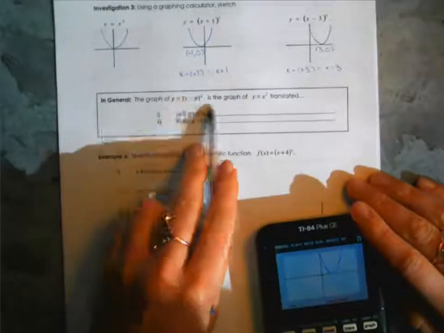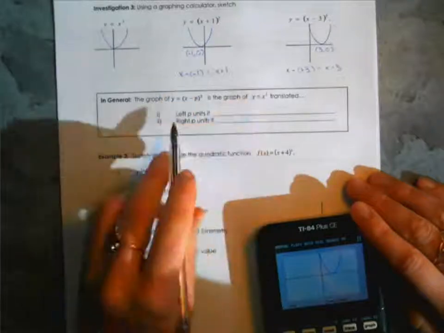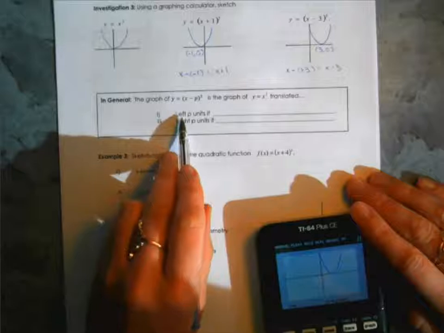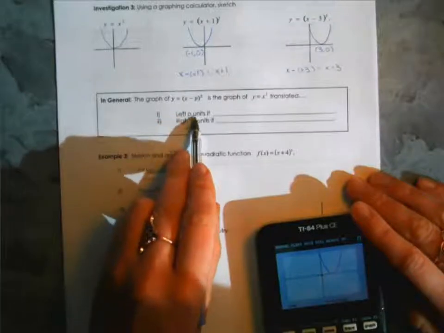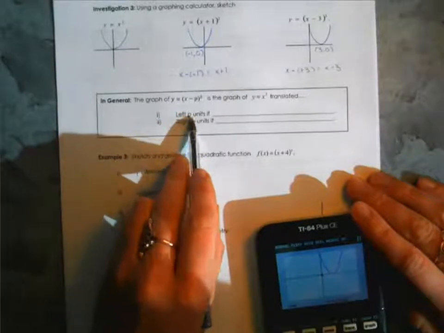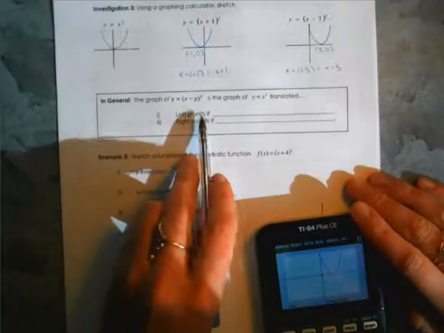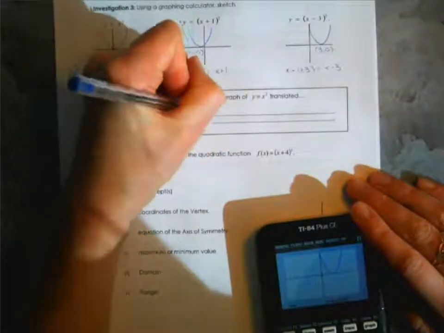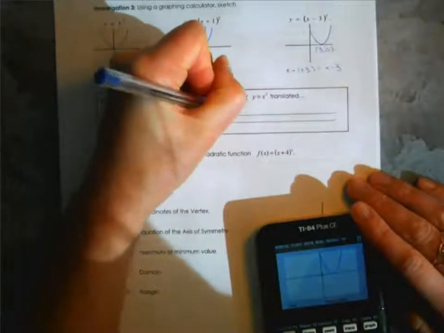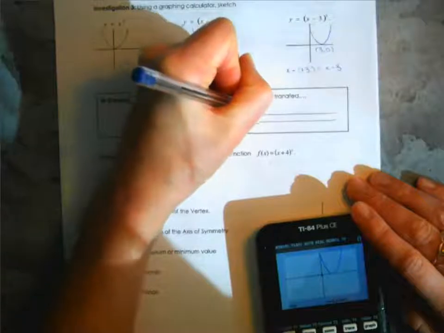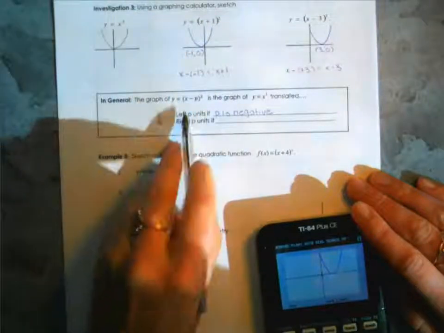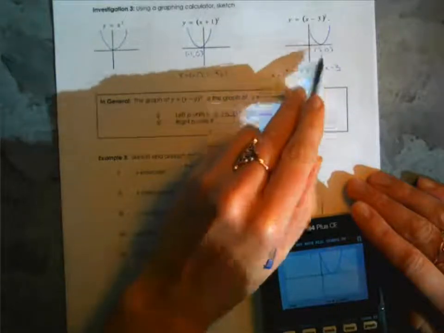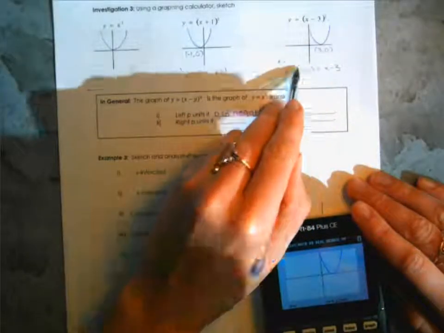So we can say that when we have this version of y equals x squared, the whole graph is going to be translated to the left by however many units p represents if p is negative, and we're going to move to the right by p units if p is positive.